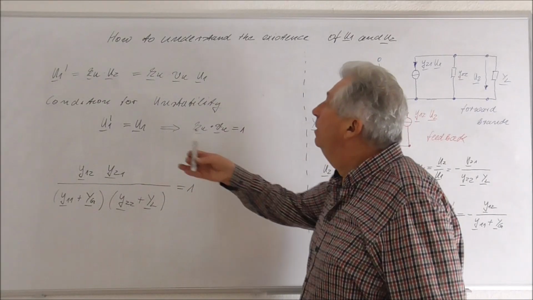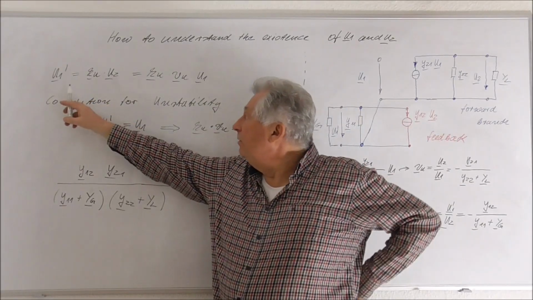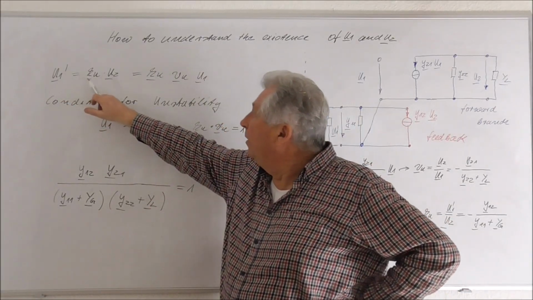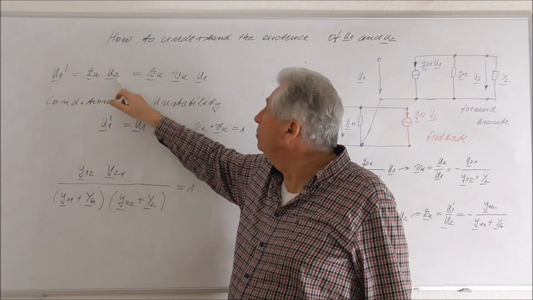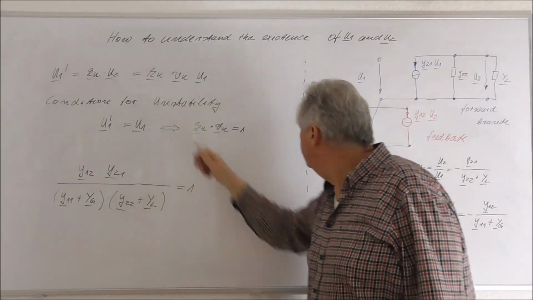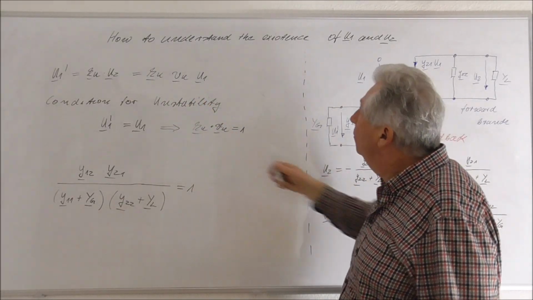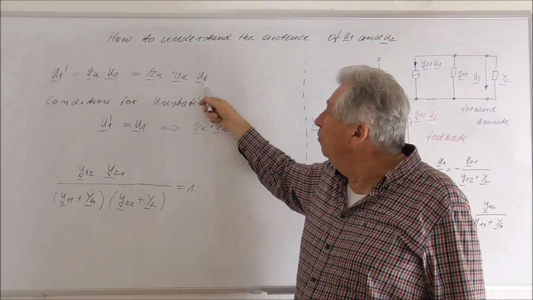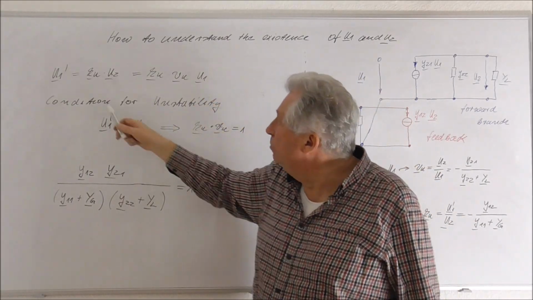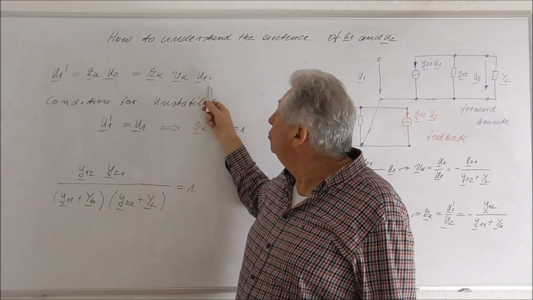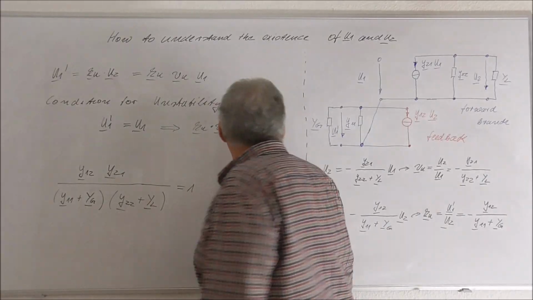And of course we can now calculate the voltage U1 prime, and the voltage U1 prime will just be Ku times U2, and the voltage U2 is just Vu, the voltage gain of our forward branch, times U1.